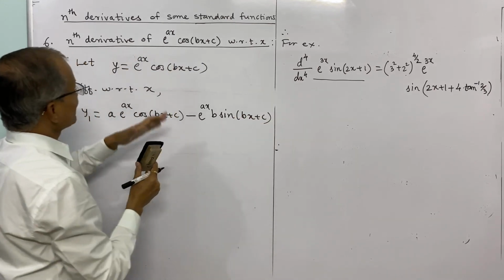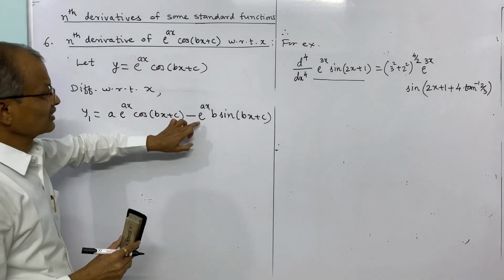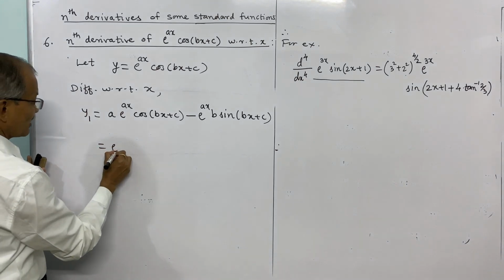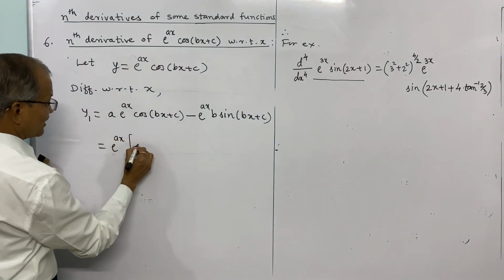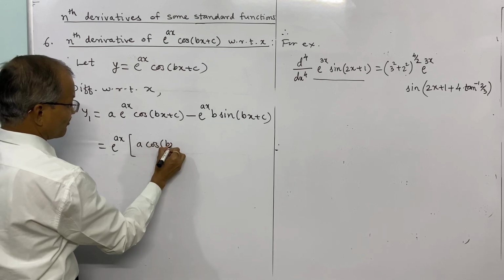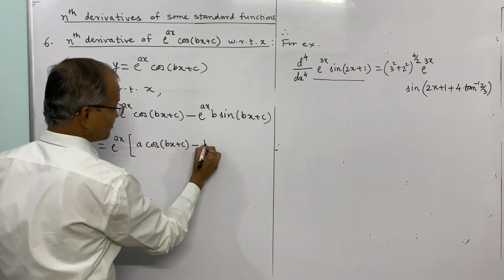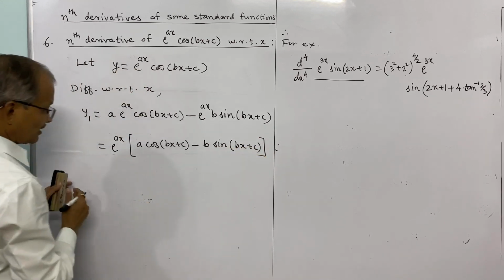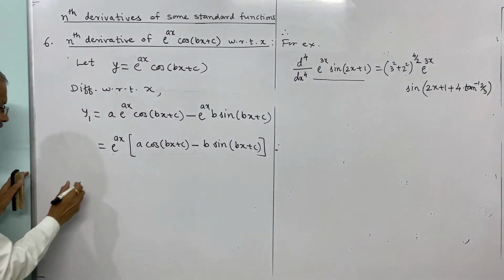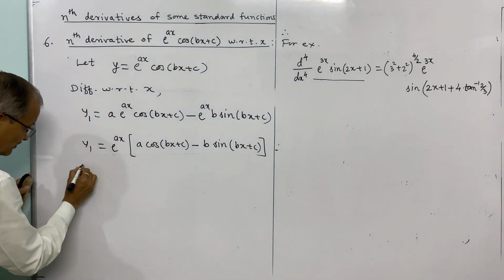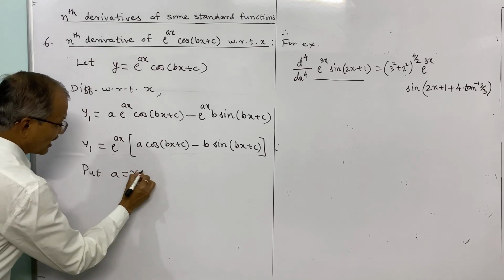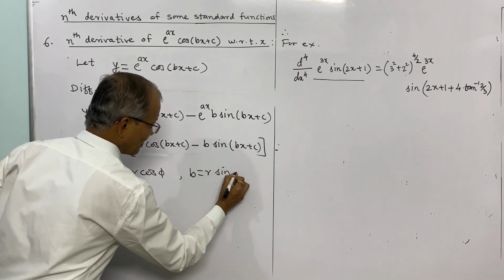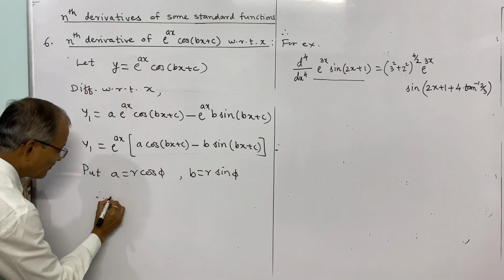You note this is as it is, and the derivative of cos of bx plus c is minus b sine of bx plus c. And here also we take e to the power ax common, and in the bracket a cos of bx plus c minus b sine of bx plus c will remain. We use the same substitution, that is, take a equal to r cos phi and b equal to r sin phi, and from this what is the value of r we have obtained?